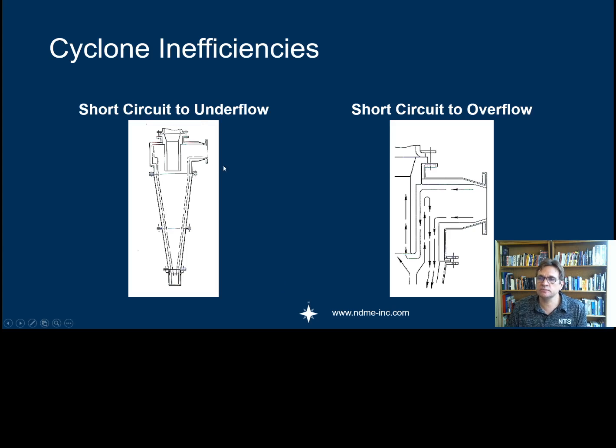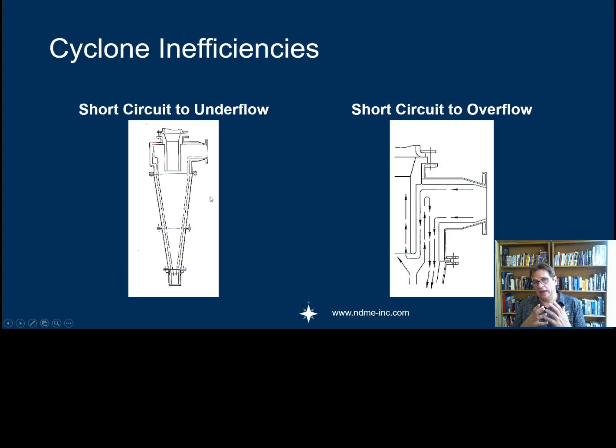But you can have short circuiting in 2 ways. You can have large particles coming in and literally short circuiting to the vortex finder, and you could lose your large particles, because they should be going to the underflow of the cyclone. The other one is that because you've got fluid drag, some of your small particles can get caught in this drag down to the bottom.